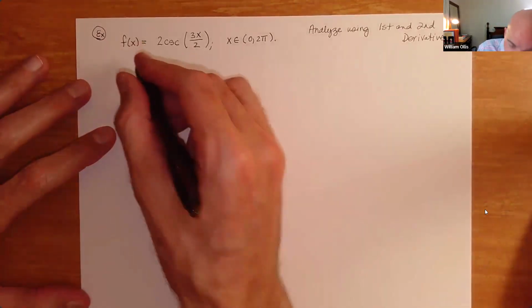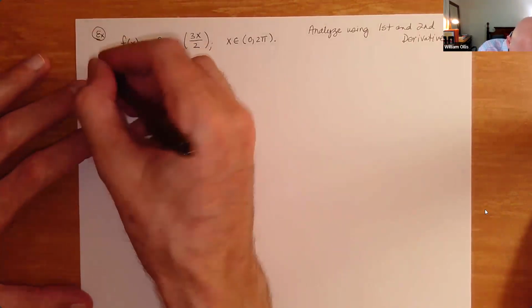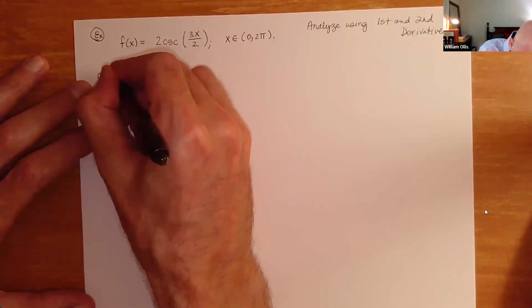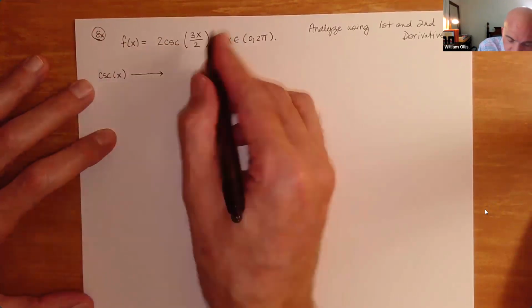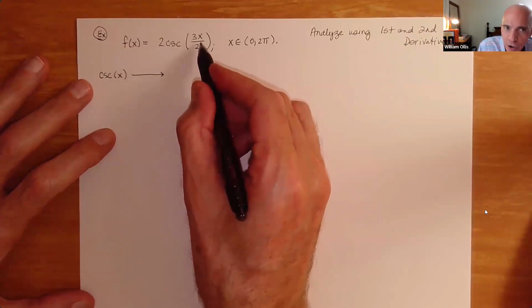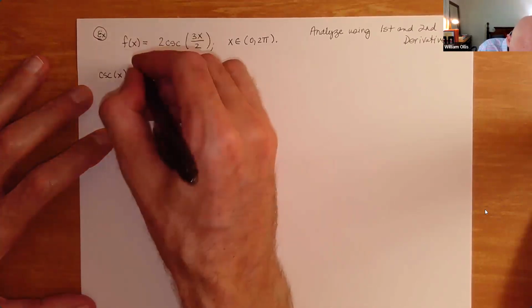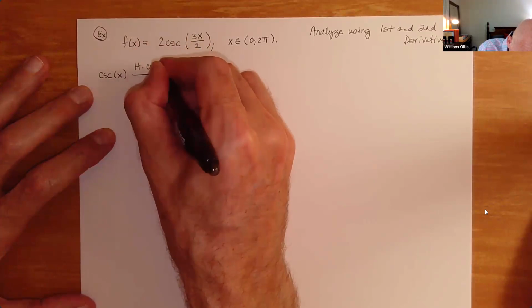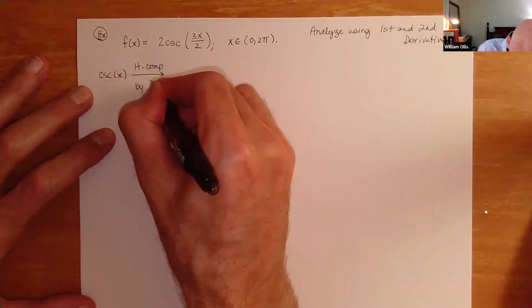So first, let's think of the parent function, which is the cosecant function. So we have cosecant of x, and we can do the H compression, horizontal compression. Again, we're multiplying x by 3 over 2. So H compression, make it 3/2 smaller, H compression by 3/2.